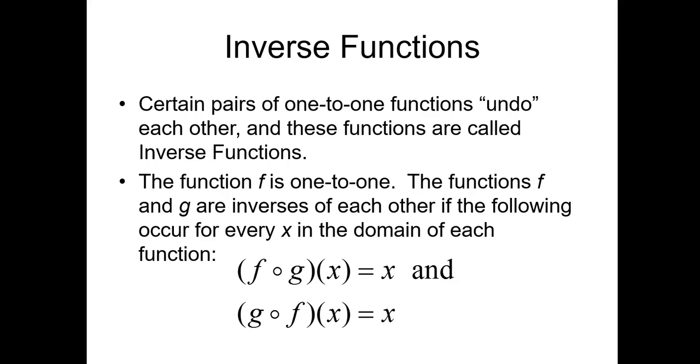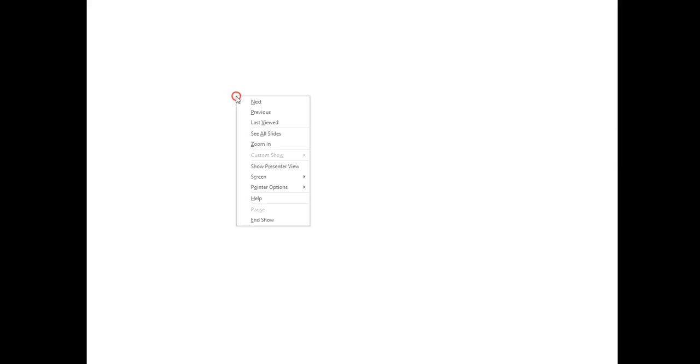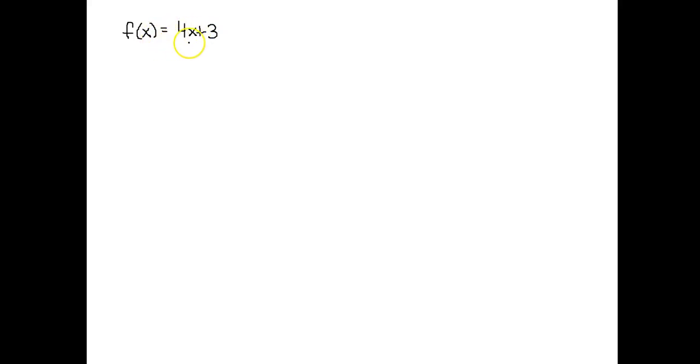Okay, so let's look at an example where we have to show that two functions are inverses. We've got the function f of x equals 4x plus 3. Okay, this is a linear function, slope of 4, y-intercept of 3, passes the horizontal line test. This one is one-to-one.